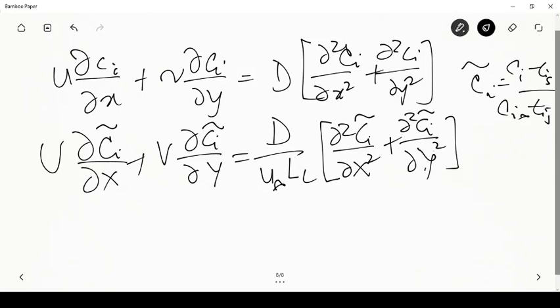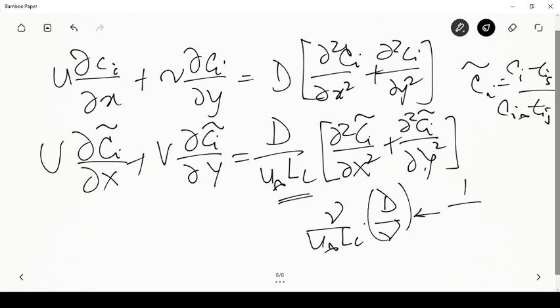Now you can see this term is nothing but nu by U infinity LC multiplied by D by nu, and this term is 1 over nu by D, and this nu by D is called the Schmidt number.